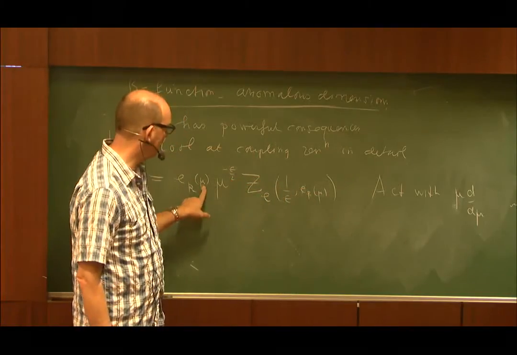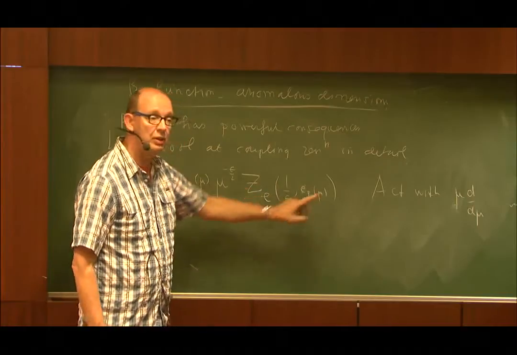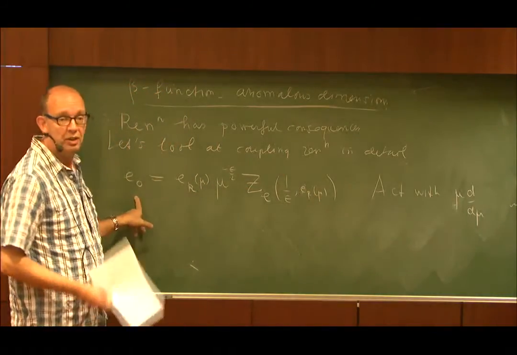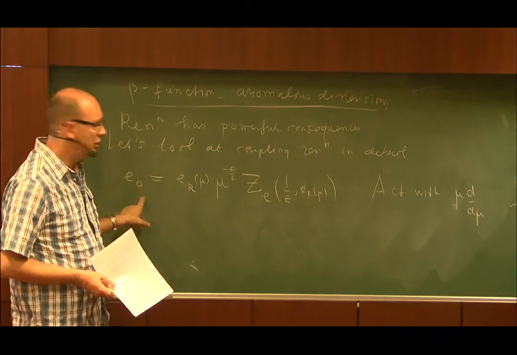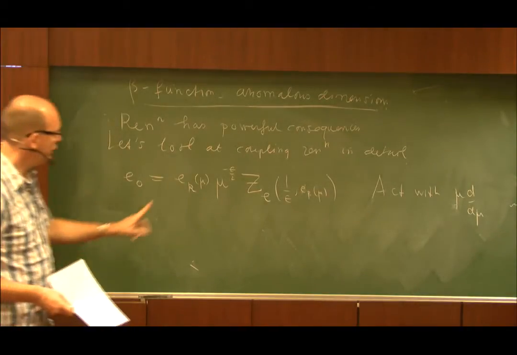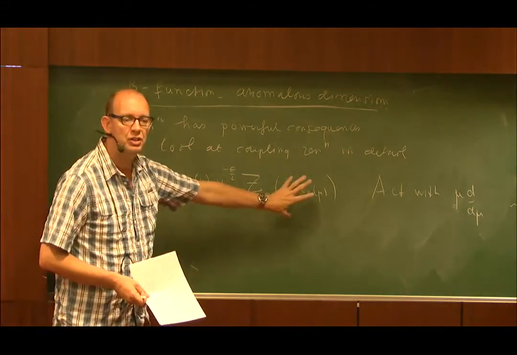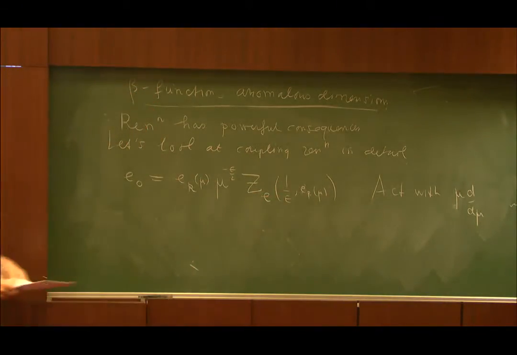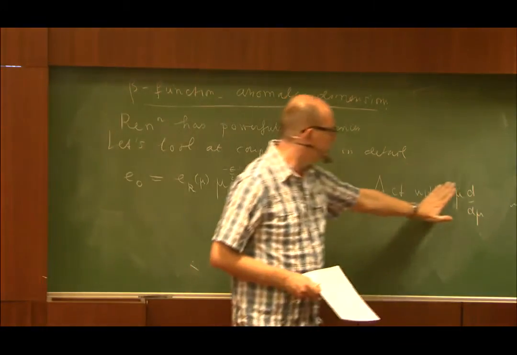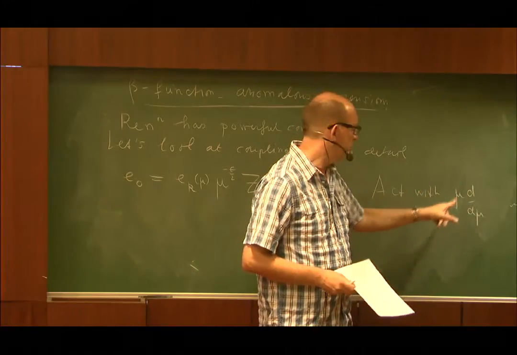There's mu dependence here, and there's mu dependence there. But the product does not, because the product is the bare coupling that doesn't have any mu. So that itself is a very powerful condition to derive relations between the renormalized coupling and what sits inside Z. And let's see what that means. So I act with mu d mu. I could have acted with d d mu as well, but it's more convenient to add another mu there.